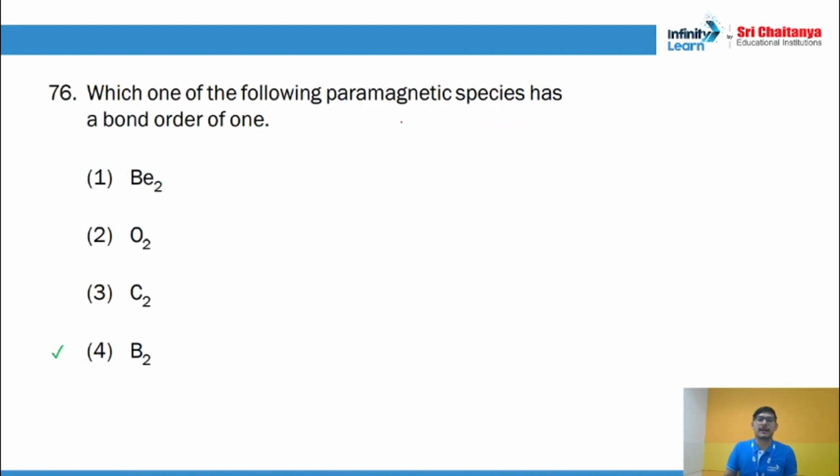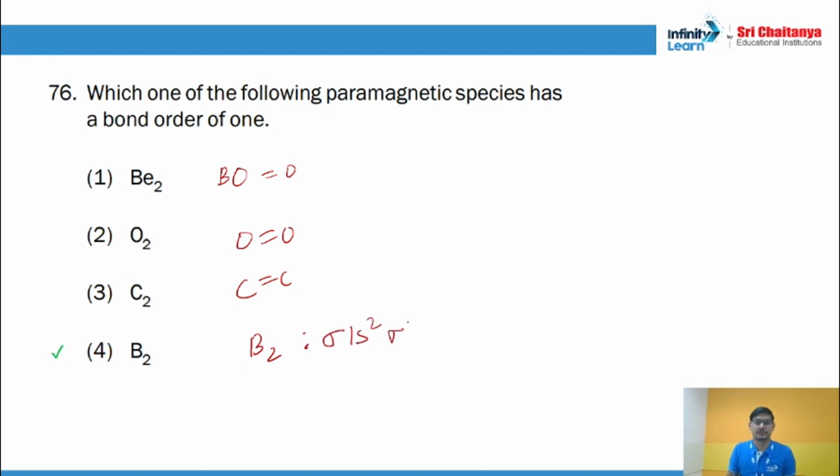Which one of the following paramagnetic species has a bond order of 1? Okay, this question is from molecular orbital theory. B2 does not exist. You can find out its bond order is 0. O2 is paramagnetic, but it contains a double bond. Everybody knows that. C2 also contains a double bond. As far as B2 is concerned, yes, it has 2 unpaired electrons. I can show you that.